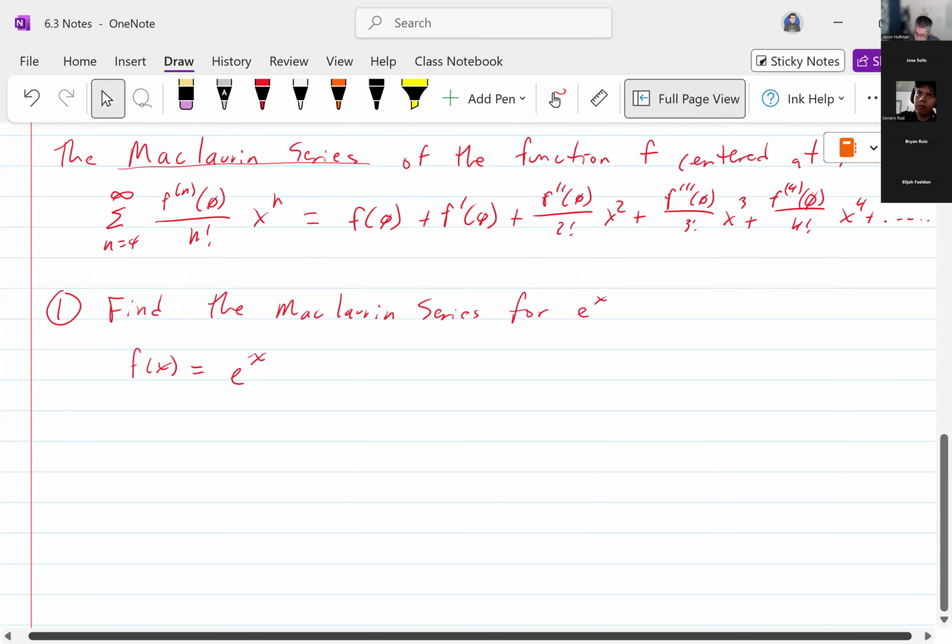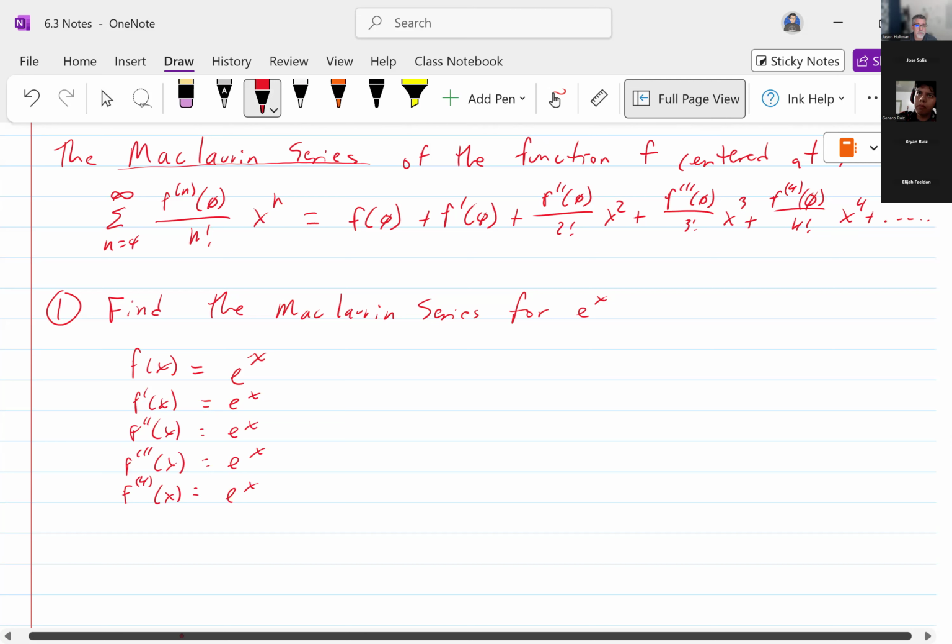Well, the derivatives of e to the x are e to the x. So f prime of x is e to the x. F double prime of x is e to the x. F triple prime of x is e to the x. And the fourth derivative of f is also e to the x. That's kind of nice. They're all derivatives of each other. Okay, they are their own derivatives.